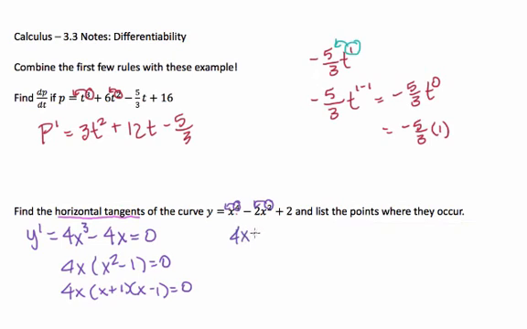So 4x equals 0, x plus 1 equals 0, and x minus 1 equals 0. So where do we find all of our horizontal tangents? We find all of our horizontal tangents at these spots: when x is 0, when x is negative 1, and when x is positive 1. That's it. Life just got so much easier.